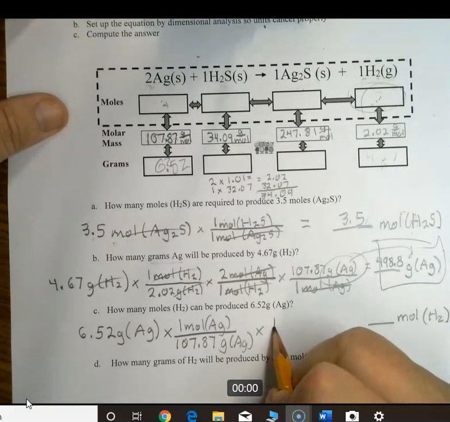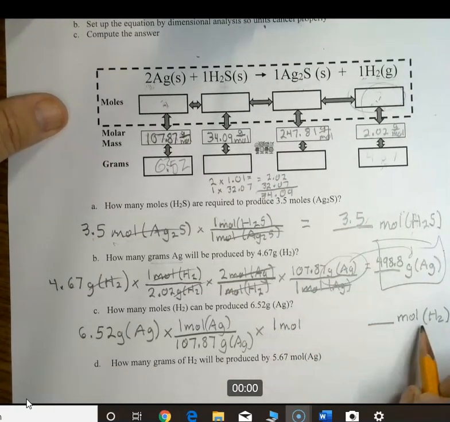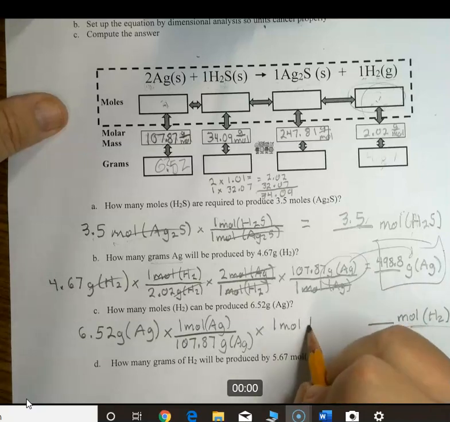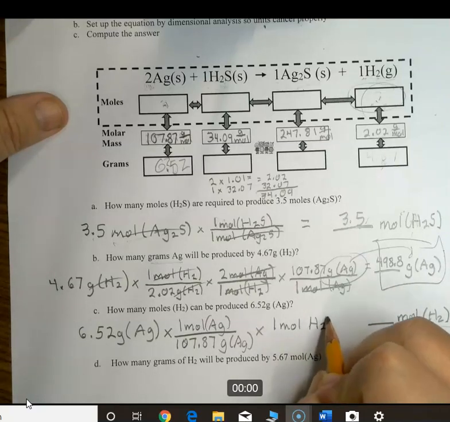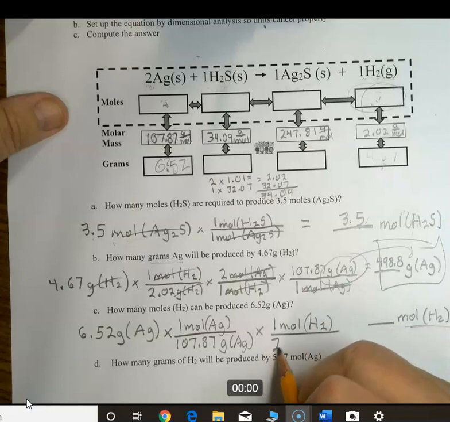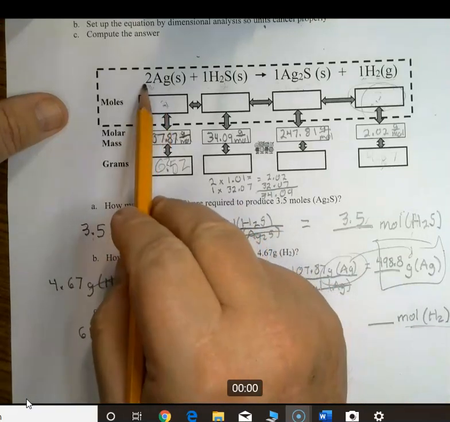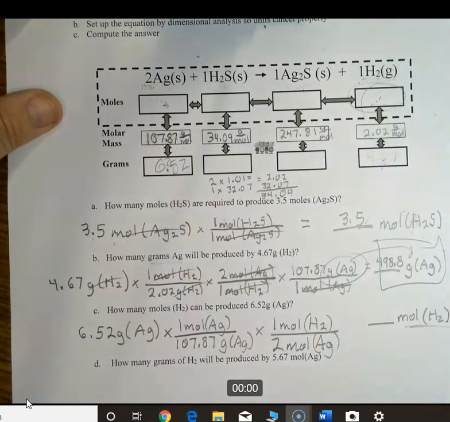And then we got to go moles to moles. So we've got 1 mole of H2. We want moles of H2 in the end, so that's going to be on the top of our last conversion, over 2 moles of Ag. Use that number for Ag, use that number for H2.